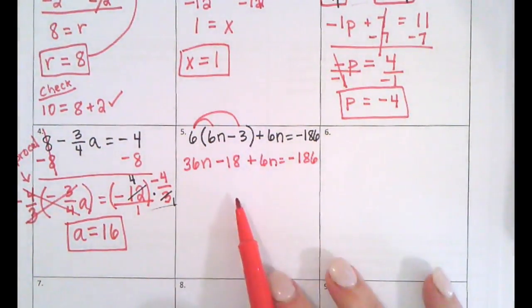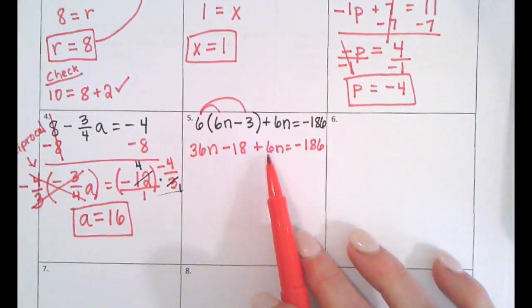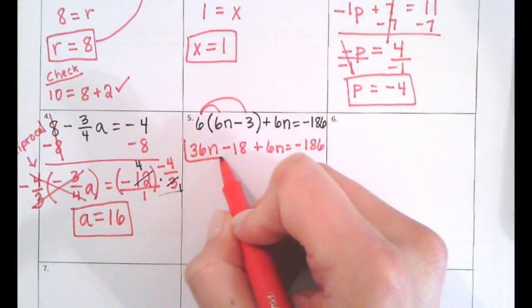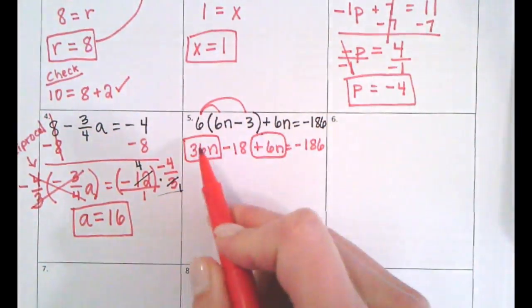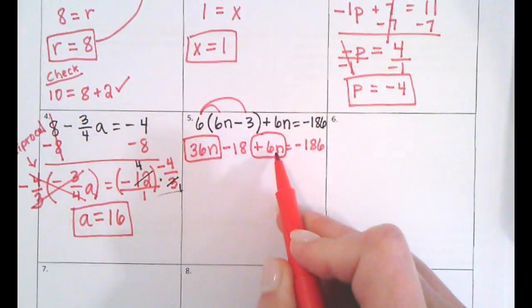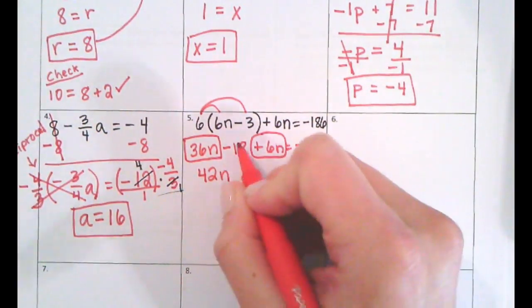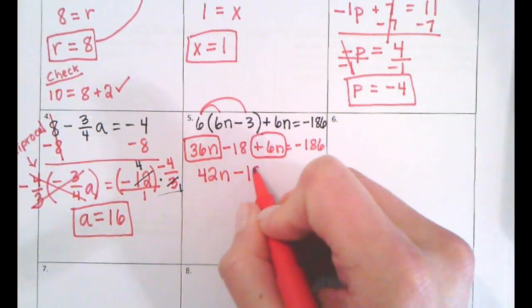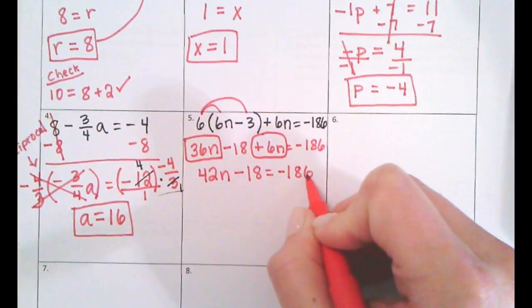My next step looks very similar to what we did in number 3. I have 2 n's on this side of the equation now, and I'm going to combine my like terms. My positive 36 and positive 6 will give me a positive 42n. And then I'm going to write the rest of the problem down as minus 18 equals negative 186.